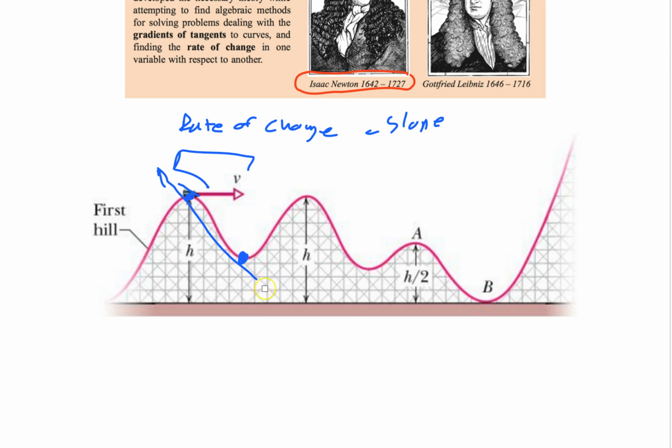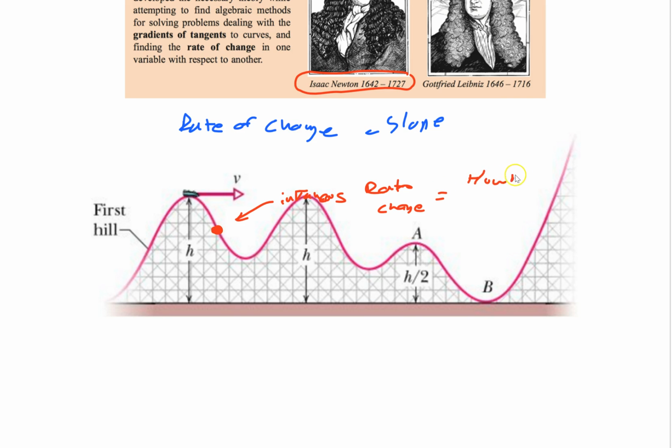So what does instantaneous rate of change mean? Well, instantaneous rate of change means how fast you're going at the exact moment. So if I want the instantaneous rate of change, let's say right here, it means what's your speed at that one moment?